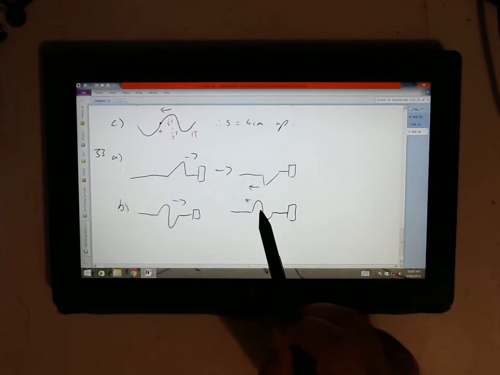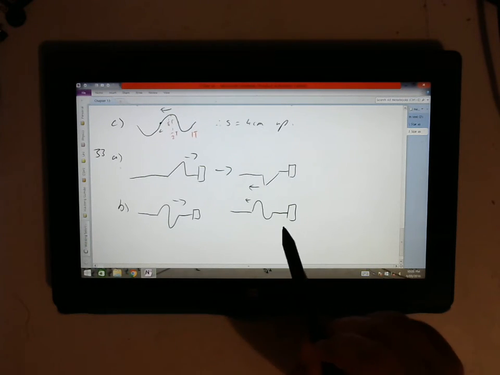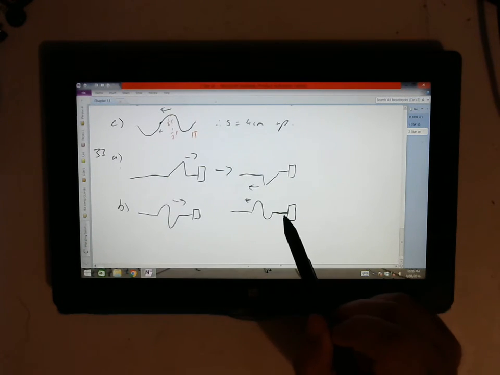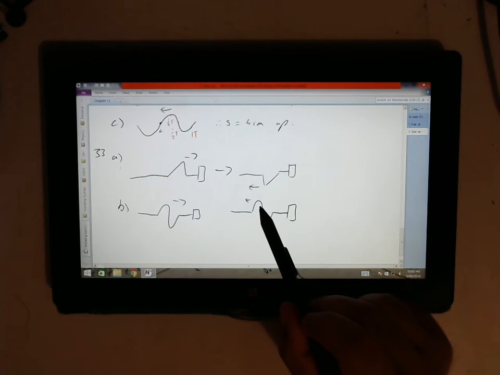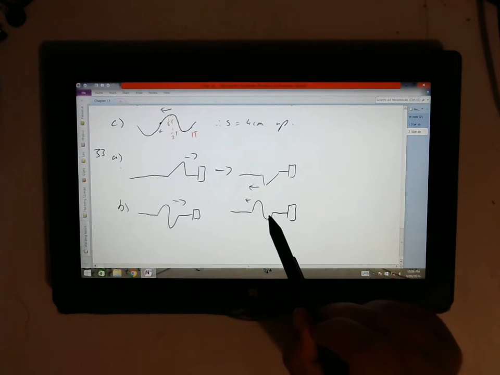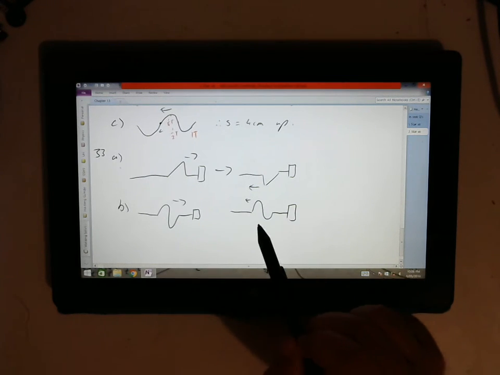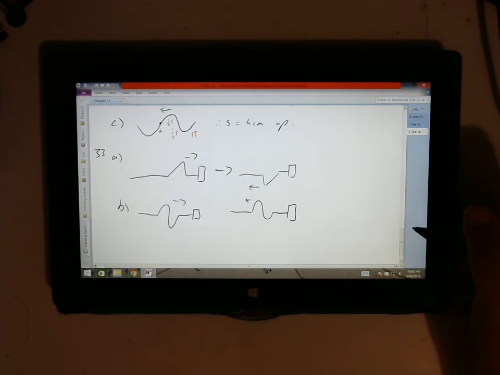This upwards bit inverts and goes downwards, a bit off balance. There would be a period of time when this part of the wave is reflected but this part is not, where they would both be going up, and you'd end up with a really big wave before this part would move out and this part would invert on the way back. But in this case, they both look exactly the same.